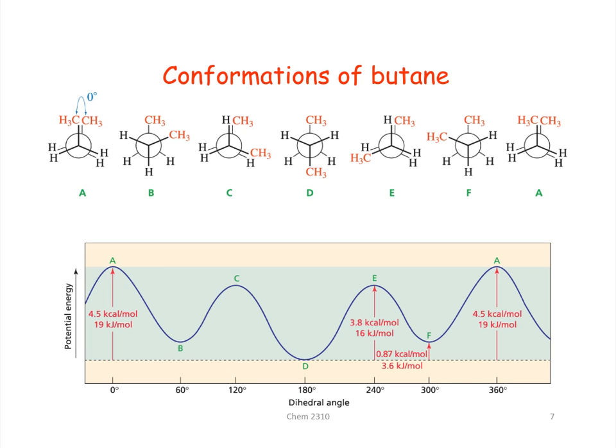So let's just look at butane. So we have a possibility of having, let's draw the starting point here. We're looking at this center bond, right? And we're starting out in this conformation right here.